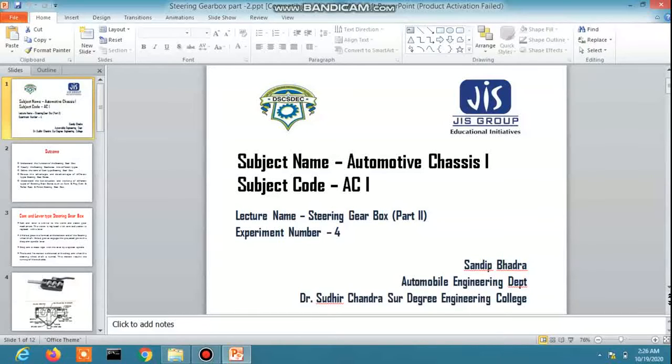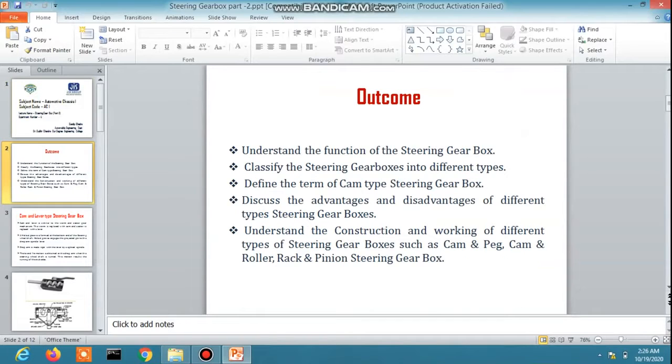In our automotive chassis lab today, you have also discussed another type of steering gearbox. Some other types of steering gearbox content are there.